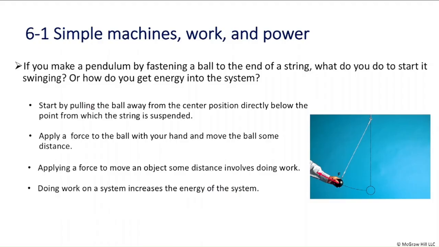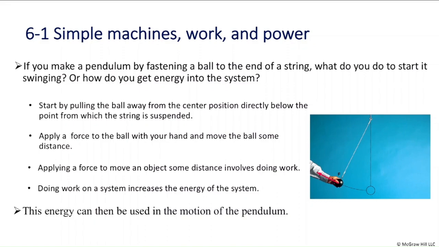And now the pendulum has the energy it needs to swing back and forth. So this is the basic idea. Doing work is a way of transferring energy into a system. So now that we see how this works with the pendulum, let's move on and see how simple machines use the same idea of work.